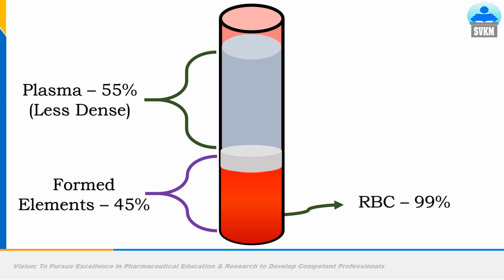Out of the 45% formed elements, 99% are RBCs.